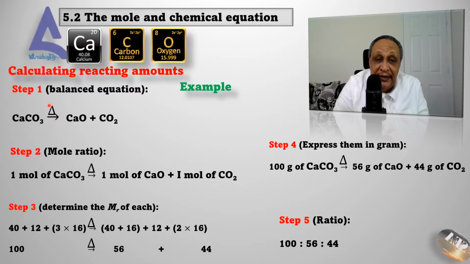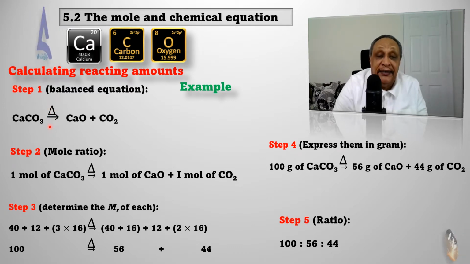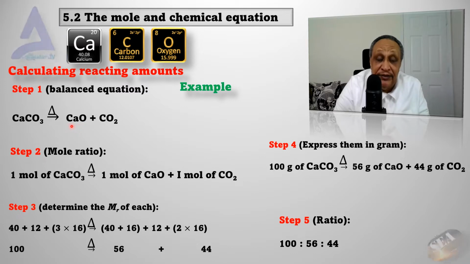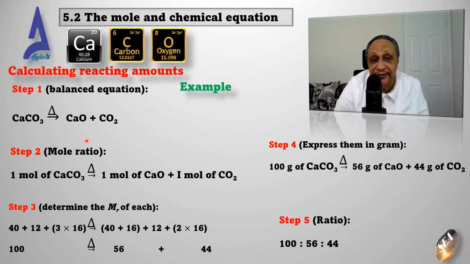And then when we heat it, this is the delta, and the delta is the symbol of heat. Then it is going to dissociate into calcium oxide, which is the lime, and carbon dioxide.